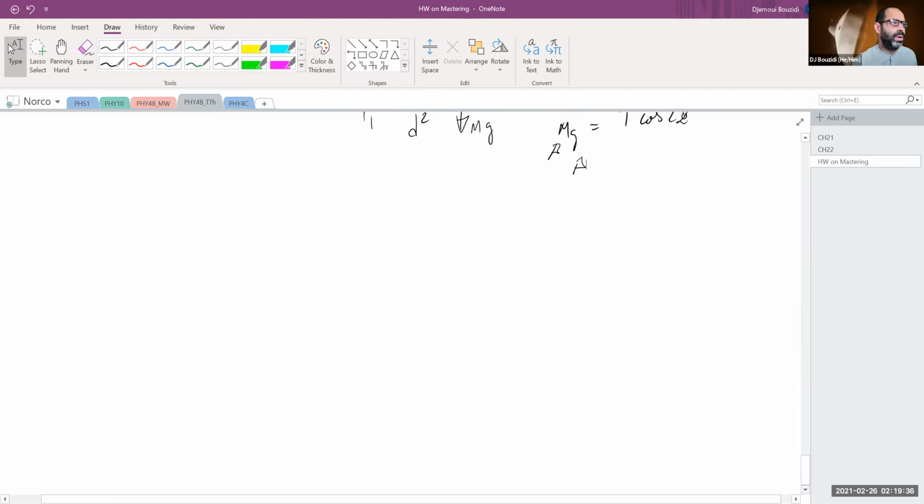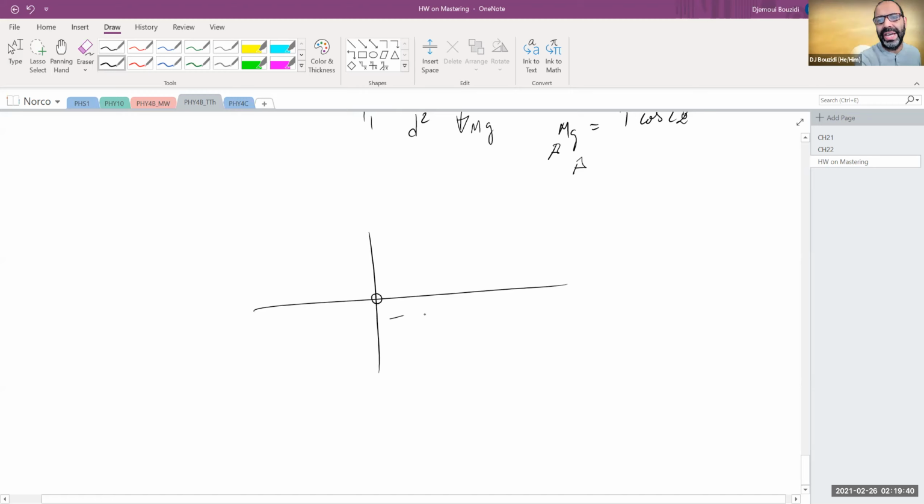On the XY coordinate system, you have a charge of negative 2.55 at the origin, and at a distance of 3.75 centimeters in the y direction, you have a charge of 1.55 nanocoulombs.